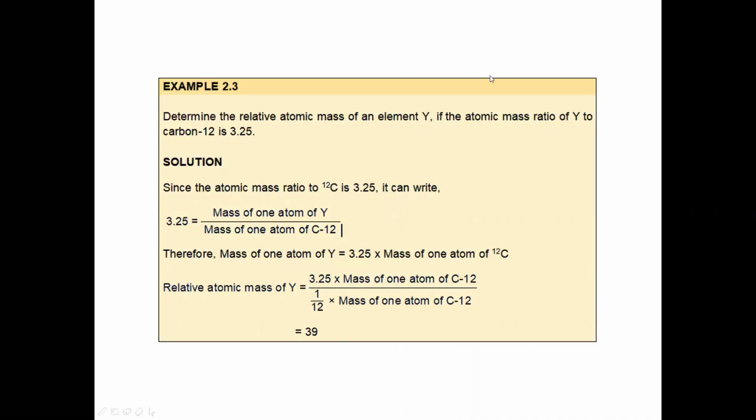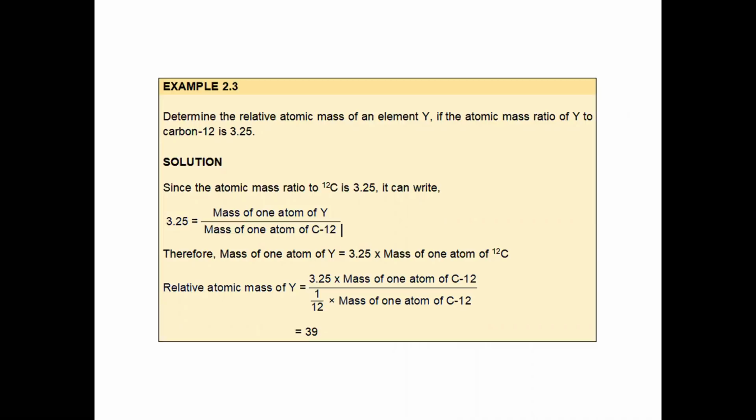So we have example 2.3. Determine the relative atomic mass of an element Y if the atomic mass ratio of Y to carbon-12 is 3.25. So we already know, already given in the question, the relative atomic mass of Y, which is 3.25.